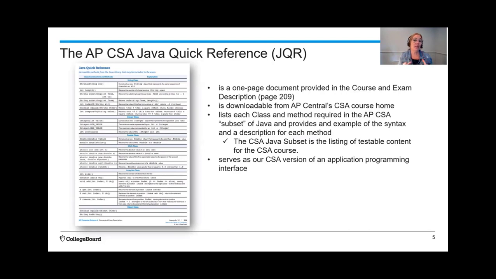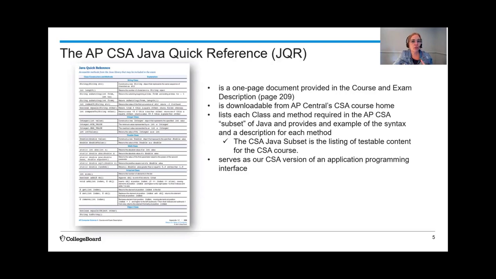And what I mean by subset is I want you to think about the Pacific Ocean, large body of water. Java is a large programming language. College Board has scooped out a piece of that we call the subset to use in the CSA course. It'd be like scooping out enough of the Pacific Ocean's water to fill a swimming pool, and that's the water that you're going to move around and swim in.